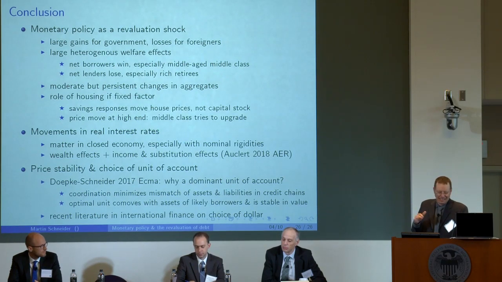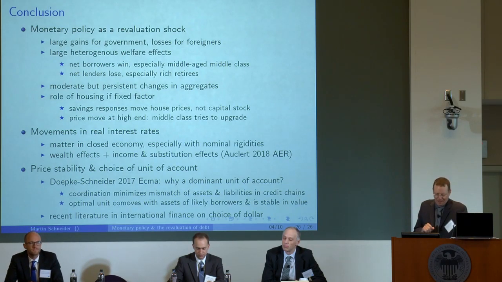And then in addition to the wealth effects that I've exploited here and that I've isolated the effects of, there'd be sort of income and substitution effects that could matter. And my colleague Adrien Auclert has worked on this and has shown that the redistribution is relevant. There's differential effects on different groups of people that can also be found by measuring their positions and their payment streams and so on.